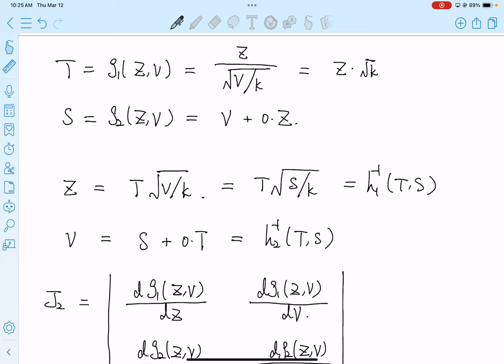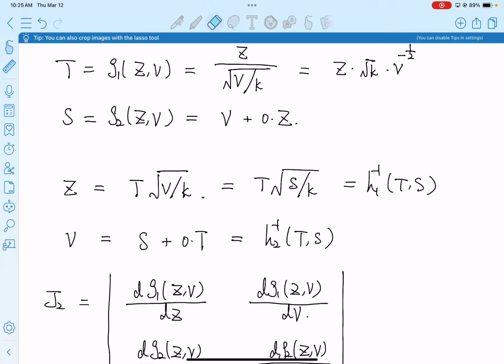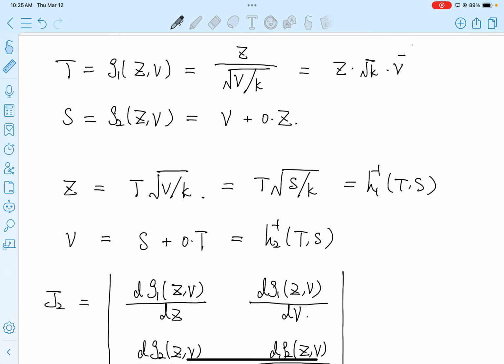So when we write the fraction, we'll write an inverse for the denominator, but we'll also have the additional square root, so we'll write negative 1 over 2. So multiply by v raised to the power of negative 1 over 2. This is just another way of re-expressing that fraction in a product form by giving the appropriate power for the term.